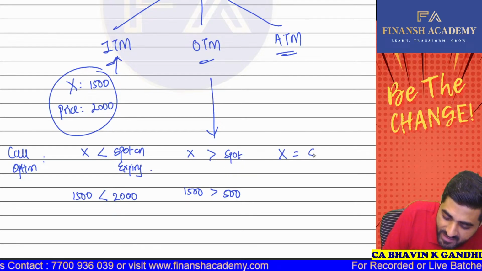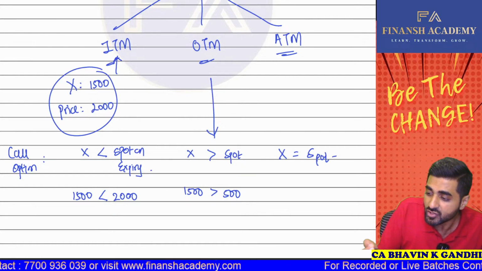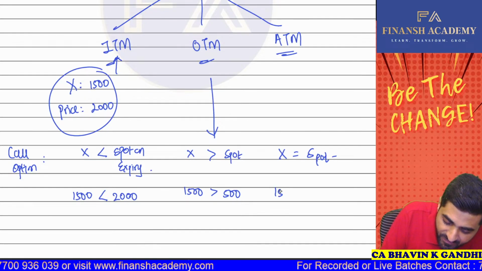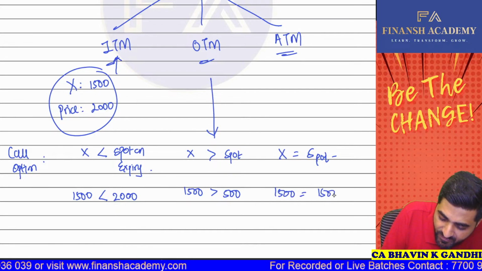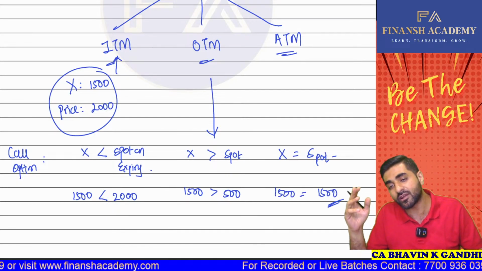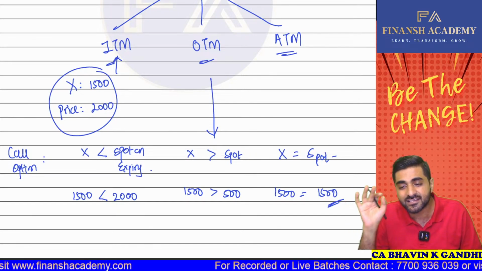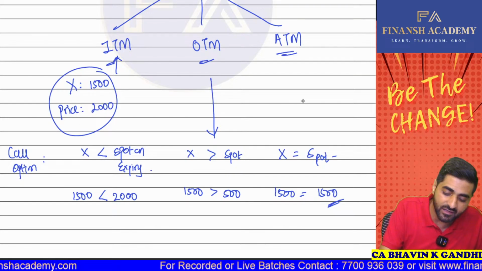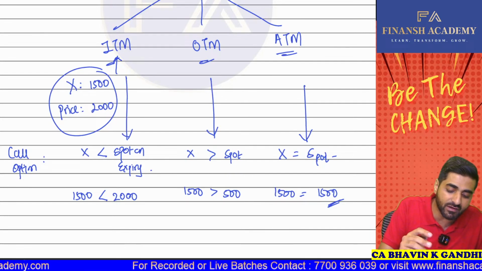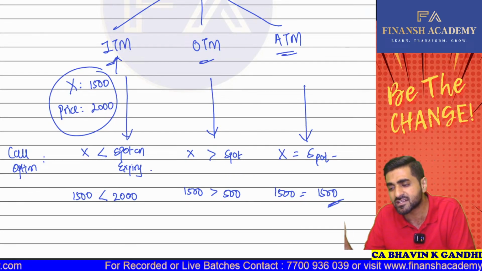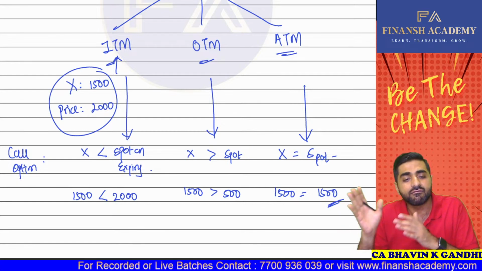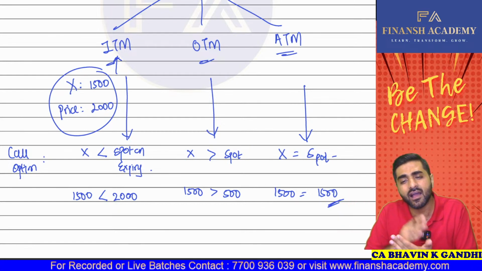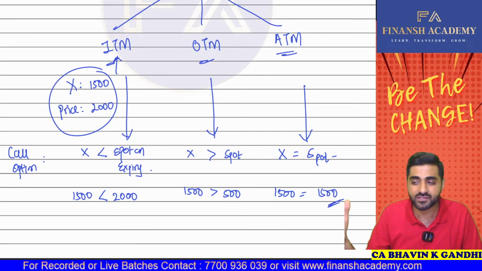When the strike price is equal to your spot. So your strike price is 1500 and your spot is 1500. Can I say this is an at the money option? Whenever we compare the strike price with the spot, we can tell whether it is in the money, out of the money, or at the money.